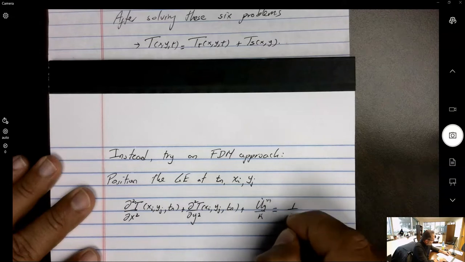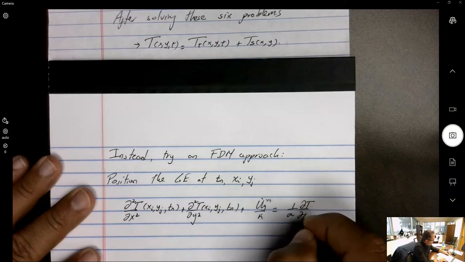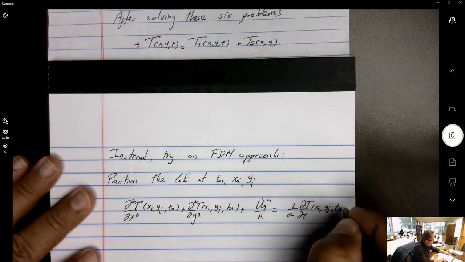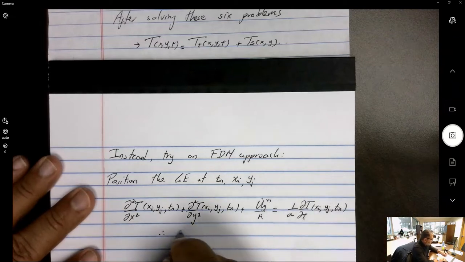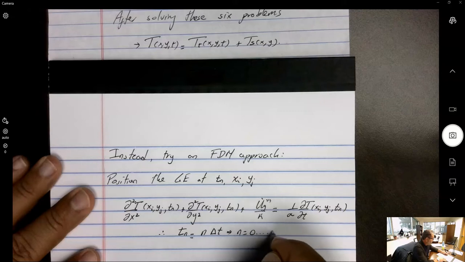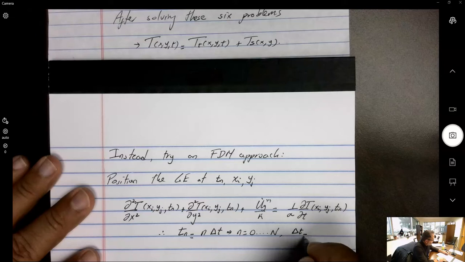No difficulties there. Equals 1 over alpha dT/dt at x_i, y_j, t_n, such that t_n is equal to n times delta t, such that n goes from 0 to big N, and delta t is equal to some final time of calculation divided by N.